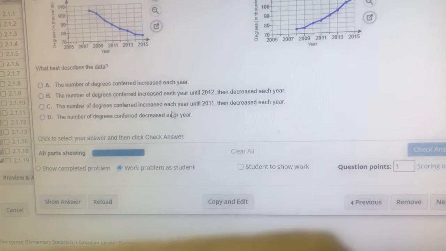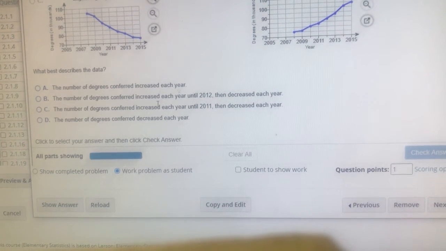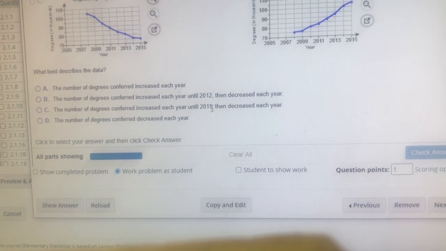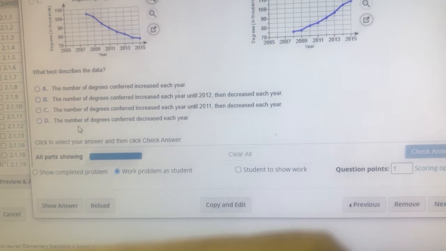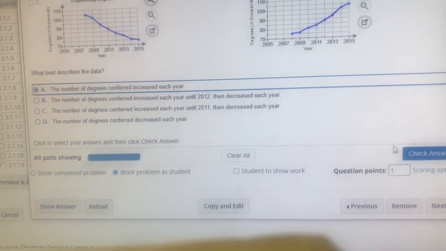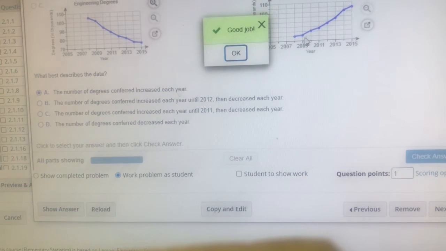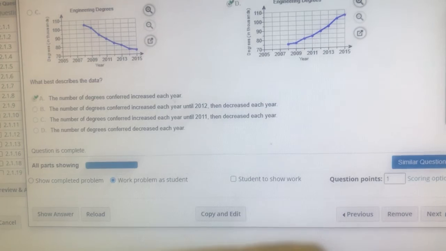This one says degrees conferred increased each year until 2011, then decreased. No, I didn't do that. Number of degrees conferred decreased. I think the answer is A, because it kept increasing, kept going up and up. All right, let's go to 17. Look at this one.